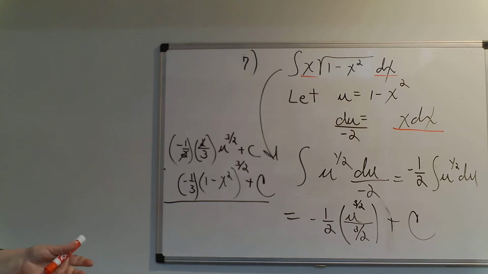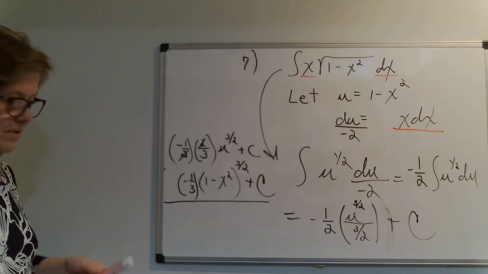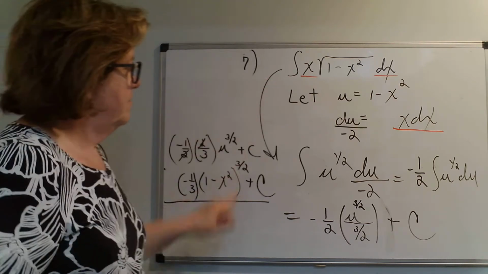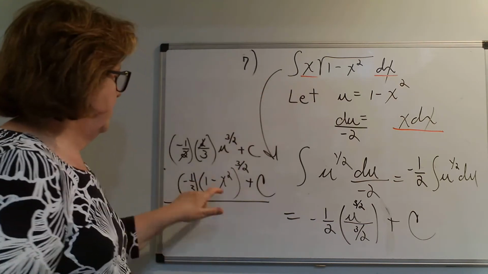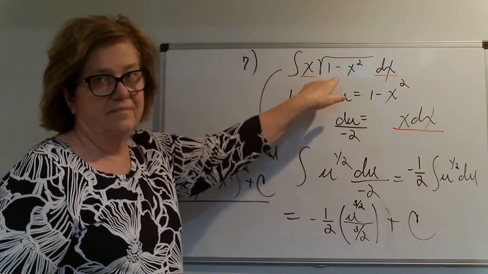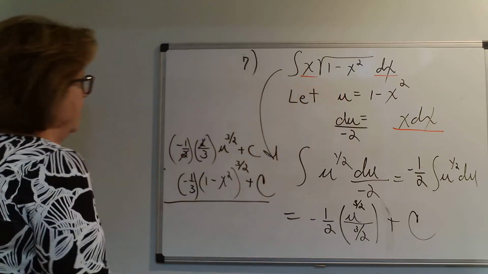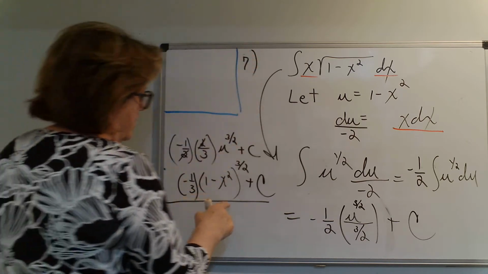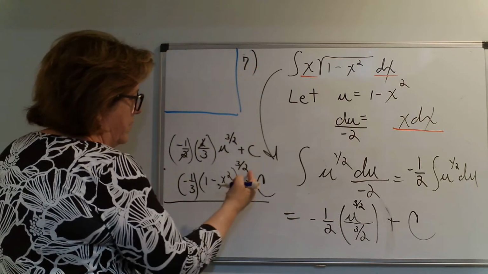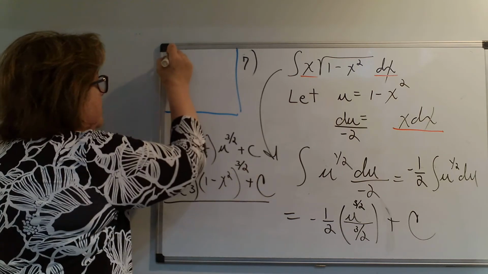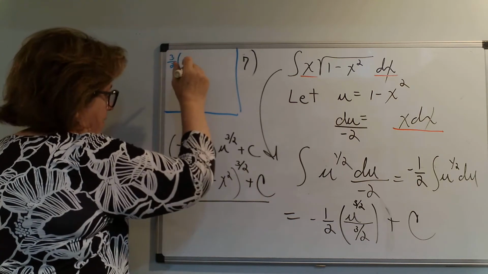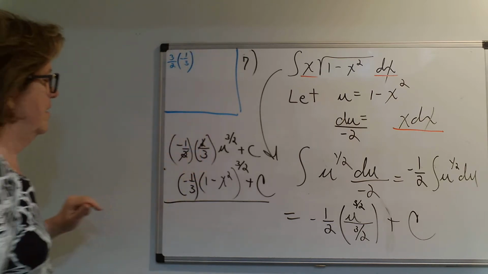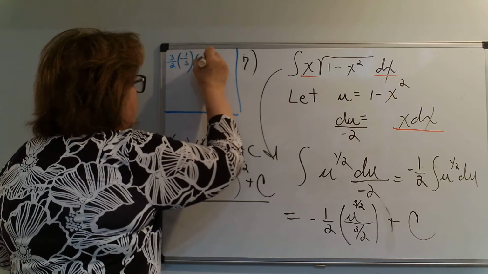Do you believe it? Well, if this is correct, the derivative of this should be that. So let's see if we can get the derivative of this. We bring the 3/2 down, leave the negative 1/3 there, decrease the exponent by 1.